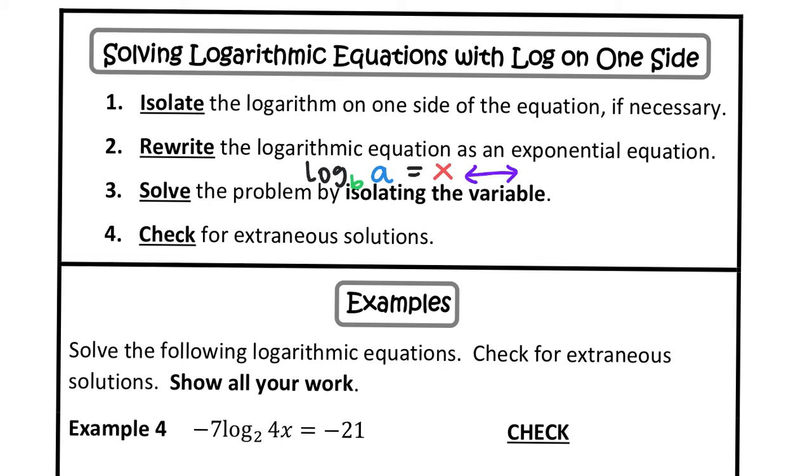We would write it the following way: b to the power of x equals a. So this is what step 2 is talking about. When we have a logarithm, we can convert it into an exponential. Then once we convert it, we can solve and then check for extraneous.